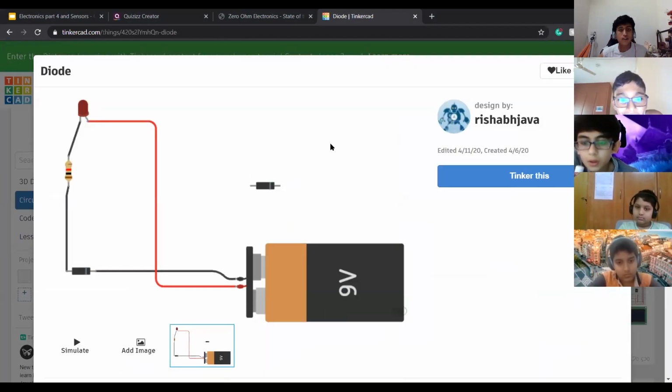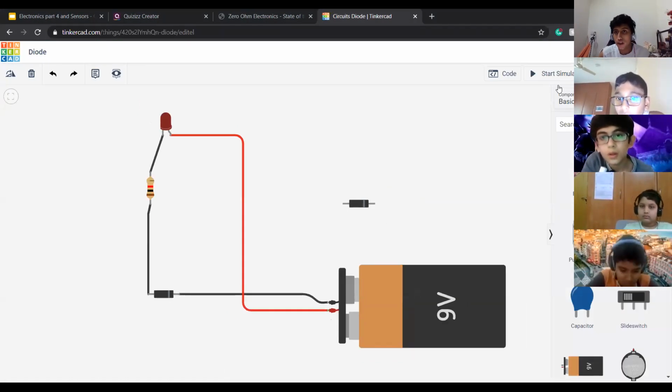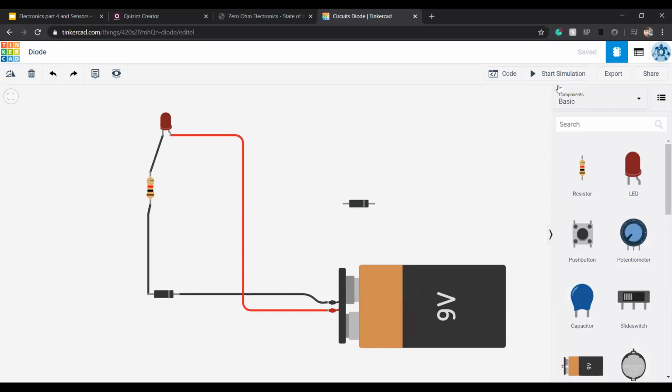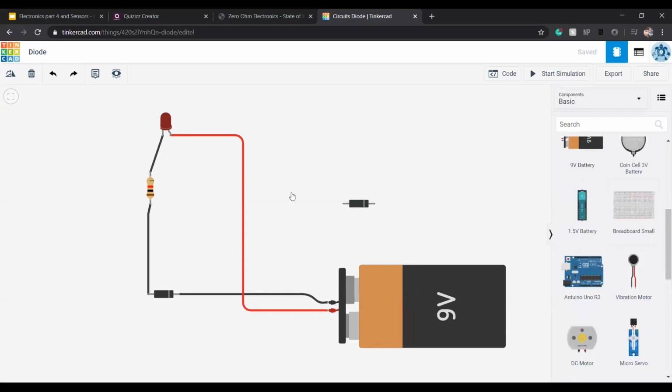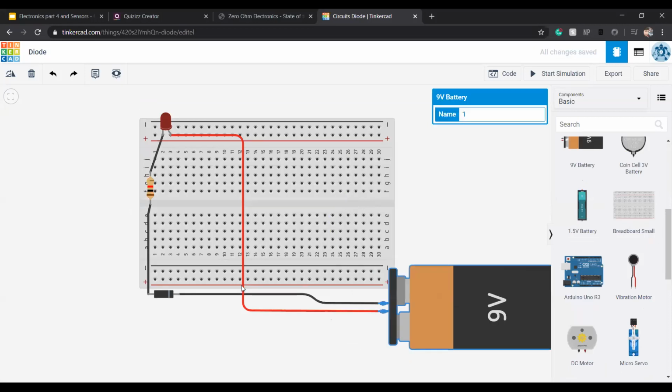Okay, so this is a diode circuit. We're going to edit it. And I asked you all to use the breadboard for this. Some of you all did it with the breadboard, some of you all did it without. So I'm quickly going to show you all how to do it with the breadboard. We're going to get the breadboard in, take out the diode.